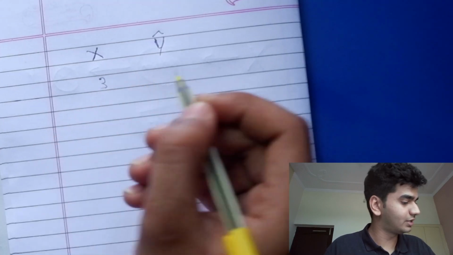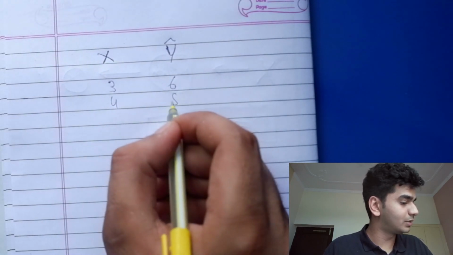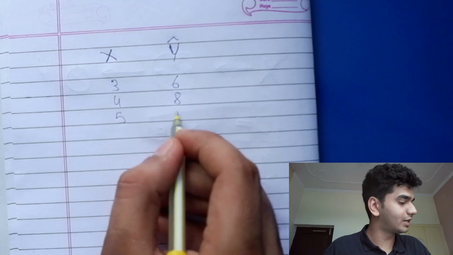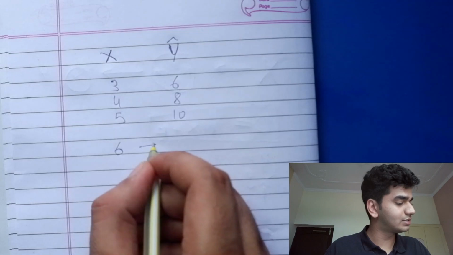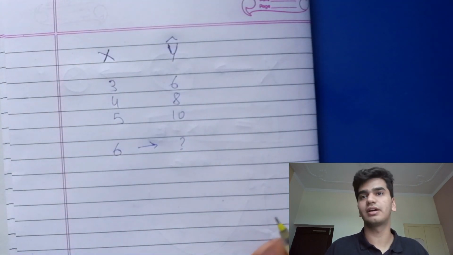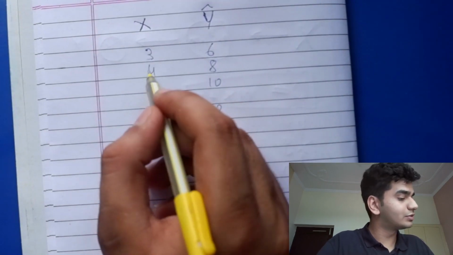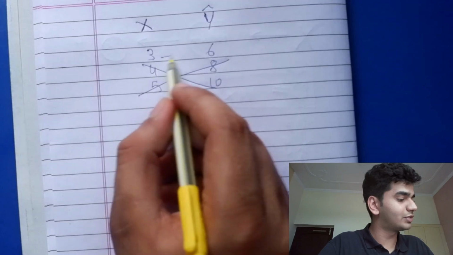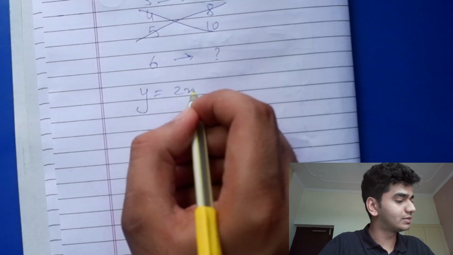So, for example, if you have 3, the ideal answer will be 6. If you have 4, the ideal answer would be 8. And you have 5, the ideal answer would be 10. And then when we evaluate our model, if we give it 6, it should predict correctly that the answer is 12 or whatever. For simplicity, now let's only work with the example of 3 to 6. This is going to be y equal to 2x.